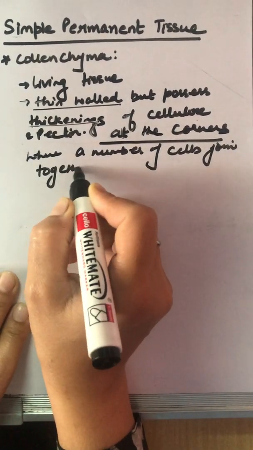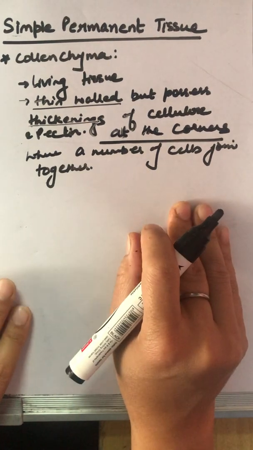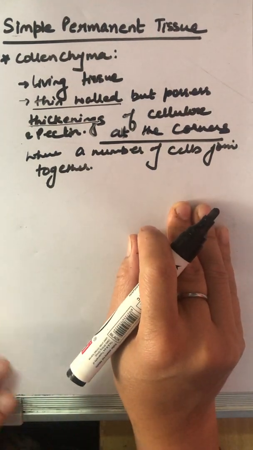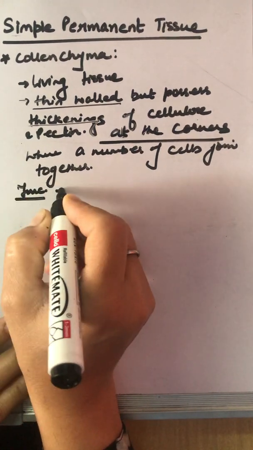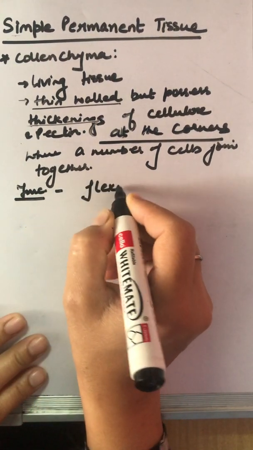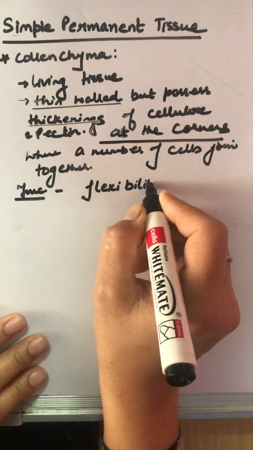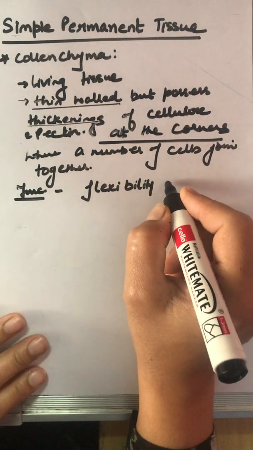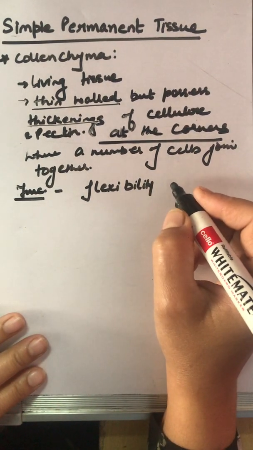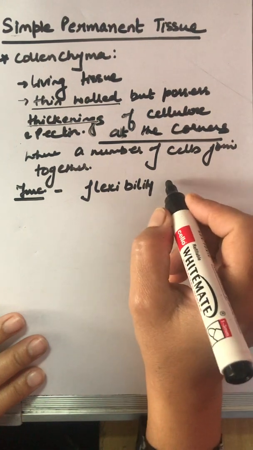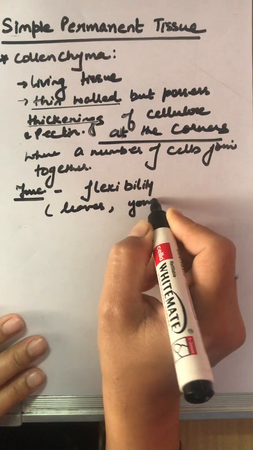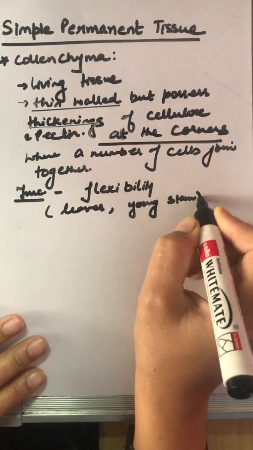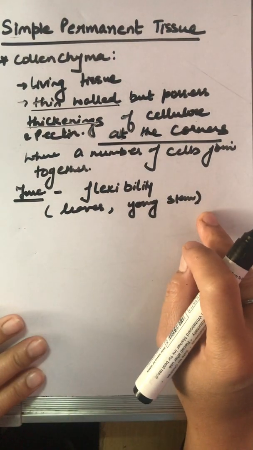What could be the function of this thickening? Why this kind of thickening? Because this tissue's main function is that it provides flexibility. Flexibility to the soft aerial parts like leaves or young stem of a plant, so that they can bend without breaking.